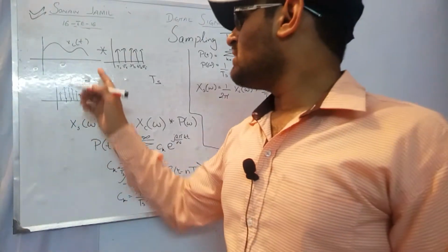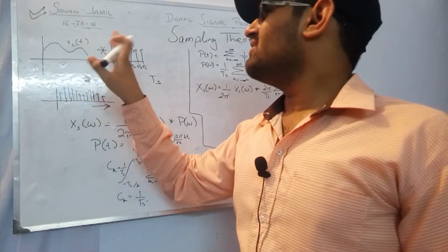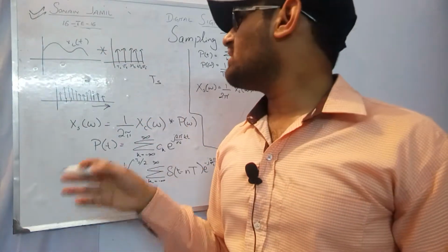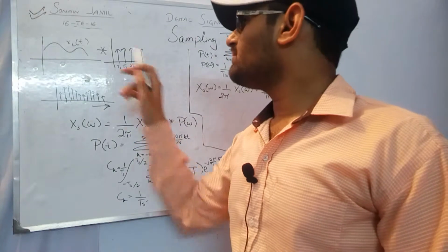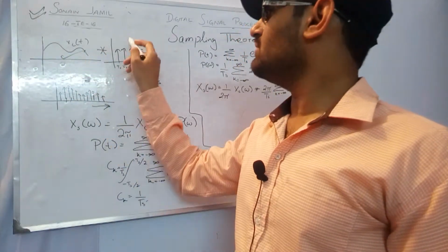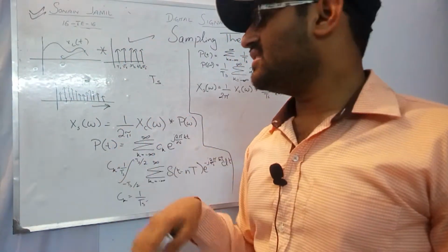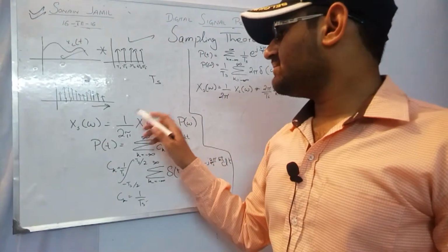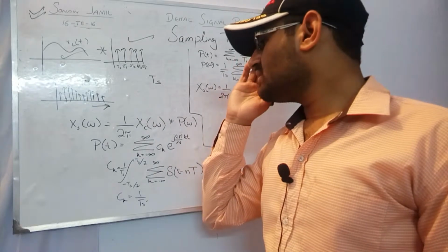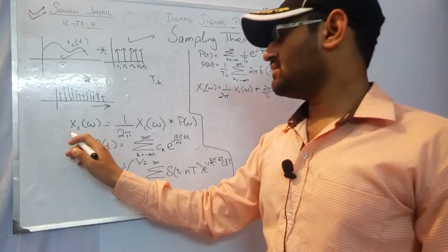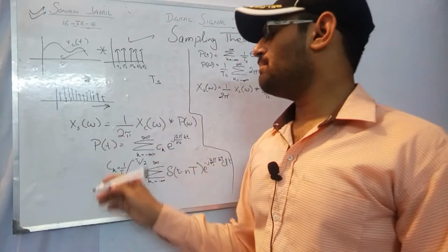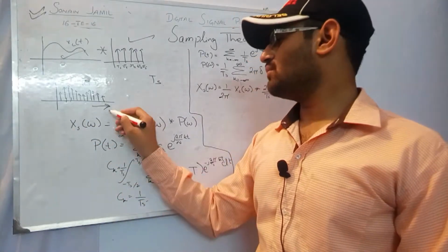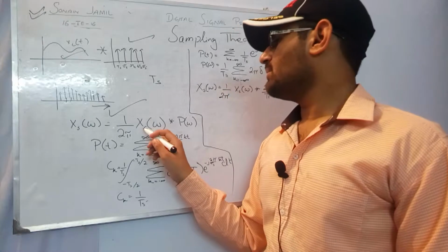Let's suppose we have the x of t signal and an impulse train. If we convolve this signal with the impulse train that I discussed in the last lecture, the sampled signal in the frequency domain would be like this one.